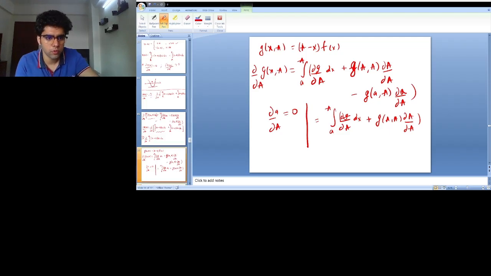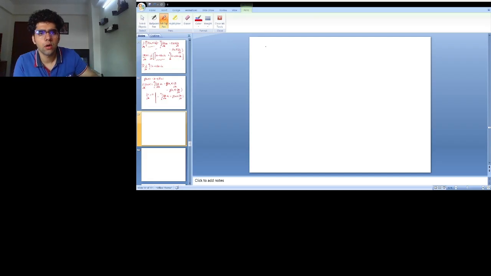Now let me move to the next slide. Yeah, so my expression reduces to small a to A del g by del a dx plus, substitute the value of A in place of x, so g(A, A) del A by del a, right?